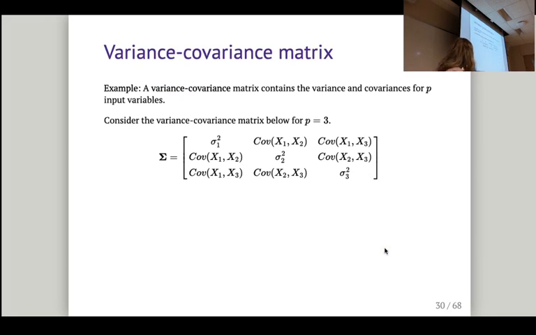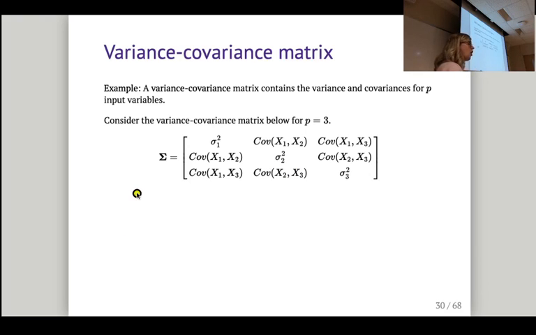So, for example, this is what one of those variance-covariance matrices looks like. This is the variance-covariance matrix for 3 input variables, x1, x2, x3. The diagonal elements represent the variances: the variance of variable 1, variance of variable 2, variance of variable 3. On the off diagonals, we have the covariances.